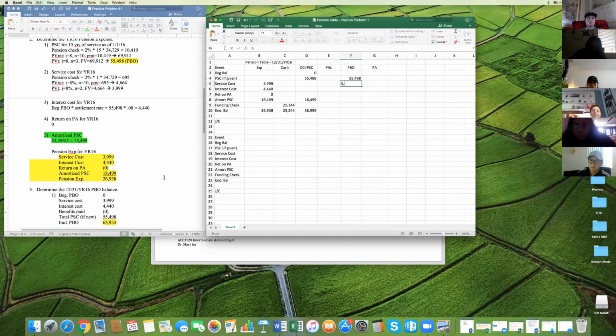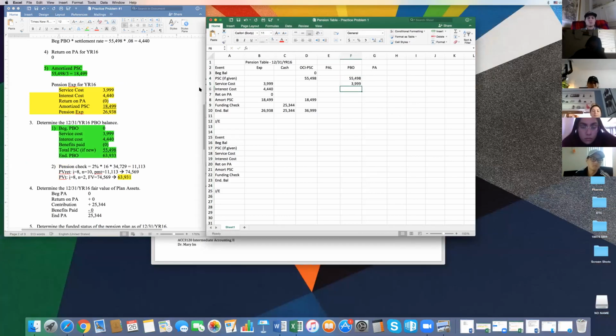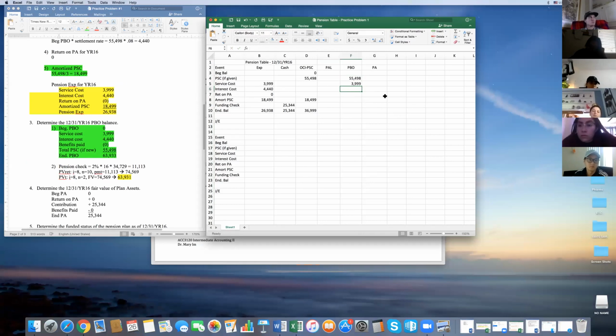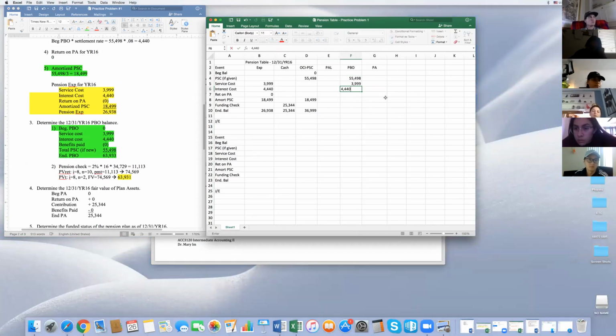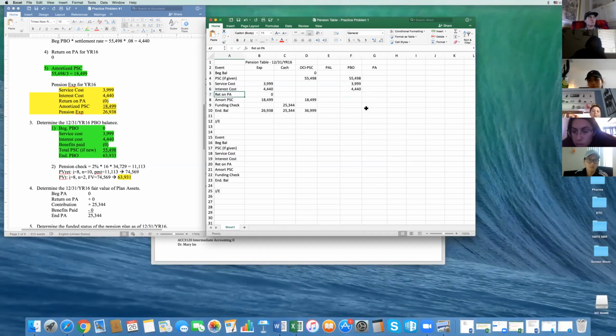So another way to look at it is to see this over here, because we already put this information, we can infer from here. Interest cost also increases the PBO balance, 4,440. Return on plan asset, that's 0. Let me come back to that shortly.